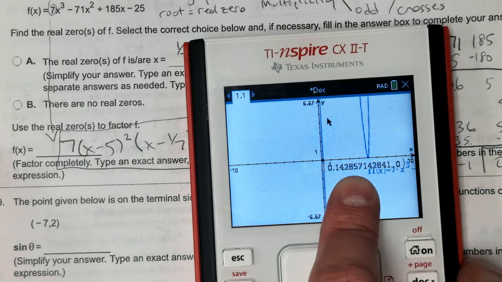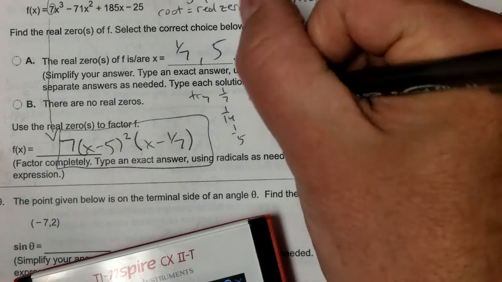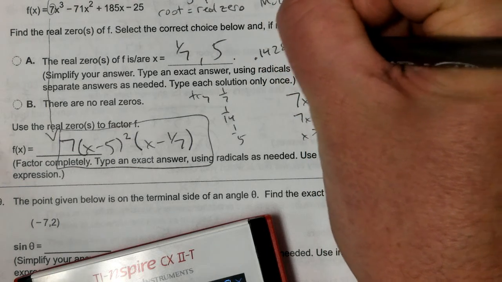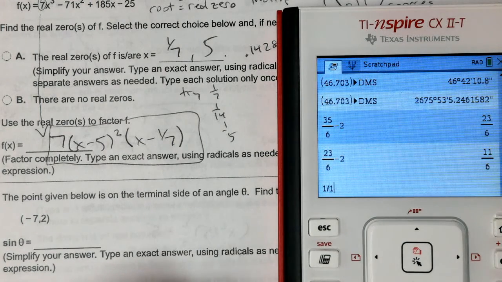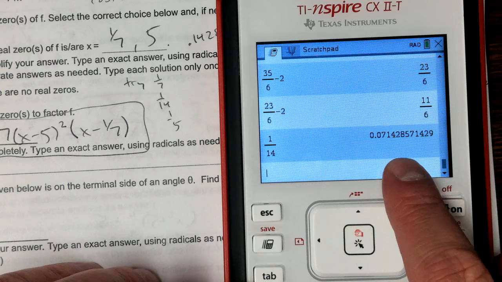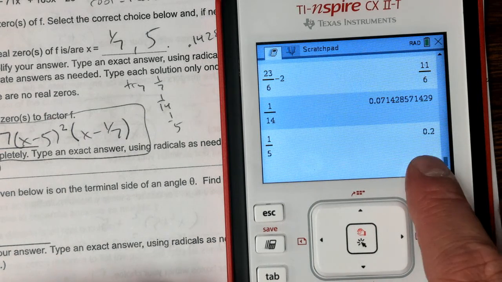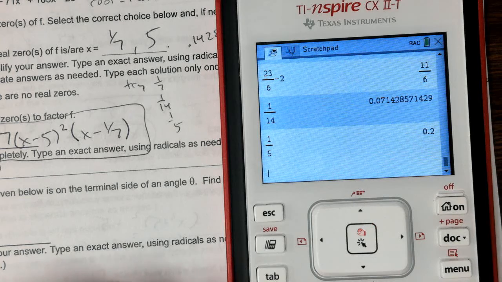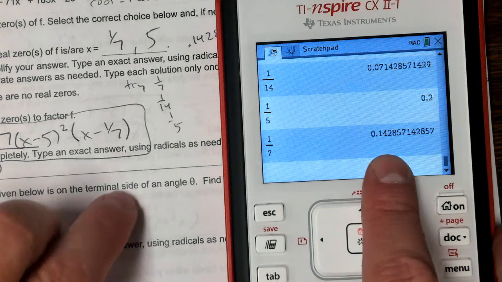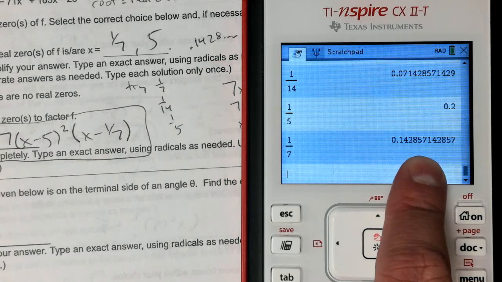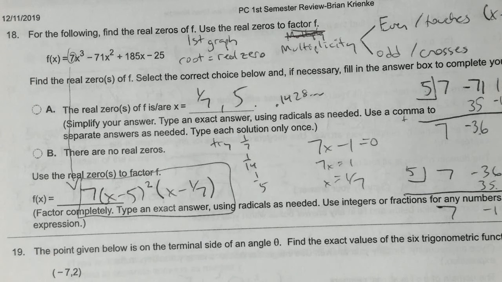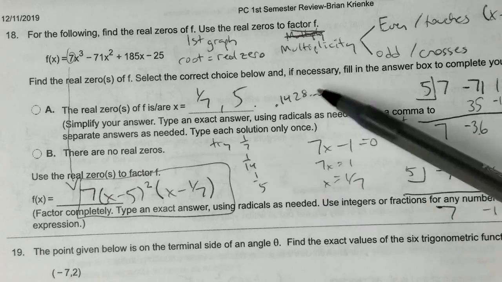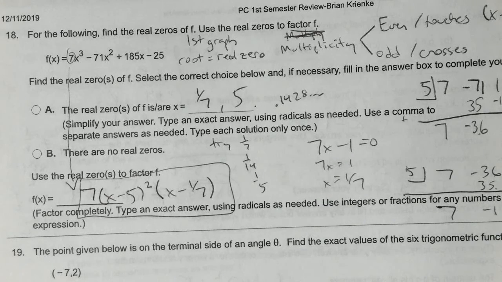You get 0.1428 something. And then just on your calculator screen, you do 1/14, that's 0.07. If you do 1/5, that's 0.2. If you do 1/7, you get the 1428, and so on. So it's usually 1 over your coefficient. I wouldn't always rely on that, but if you want to guess and check and then verify it works, you can do that.